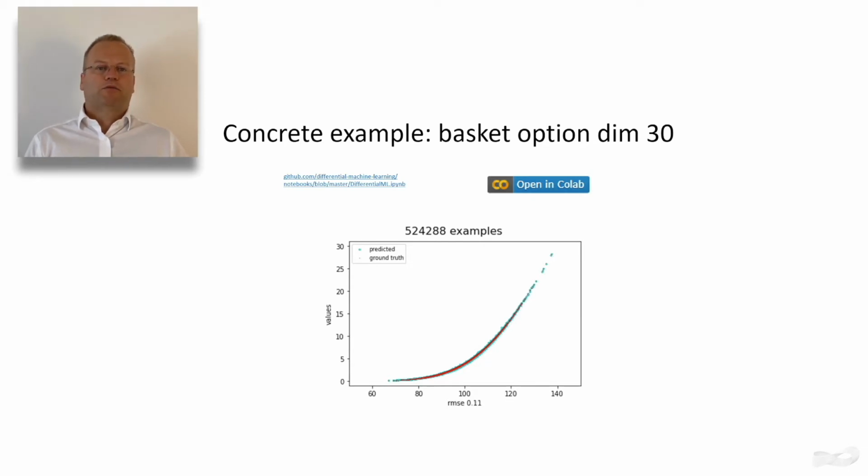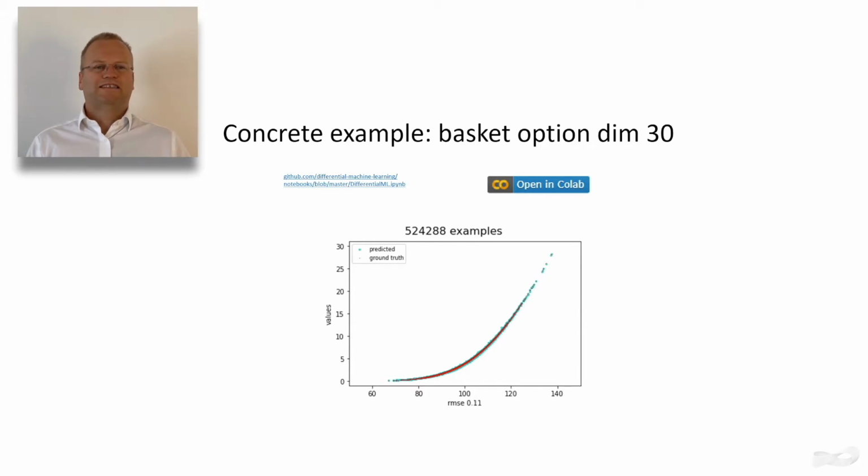Neural networks make predictions based on the 30-dimensional state. It is clearly seen that predictions converge towards the correct pricing function as promised by the convergence result. But it takes hundreds of thousands of examples to achieve an accurate approximation.